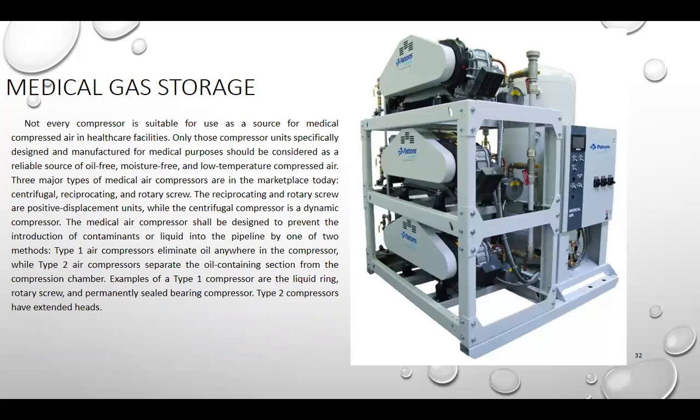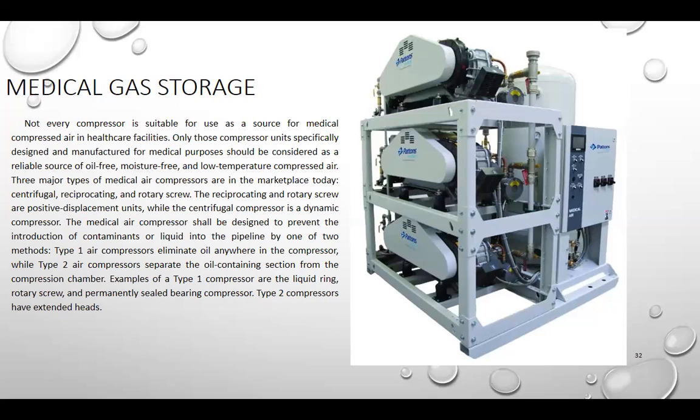Compressed air in healthcare facilities: only those compressor units specifically designed and manufactured for medical purposes should be considered as a reliable source of oil-free, moisture-free, and low-temperature compressed air. Three major types of medical air compressors are on the marketplace today: centrifugal, reciprocating, and rotary. The reciprocating and rotary are positive displacement units, while the centrifugal compressor is a dynamic compressor.